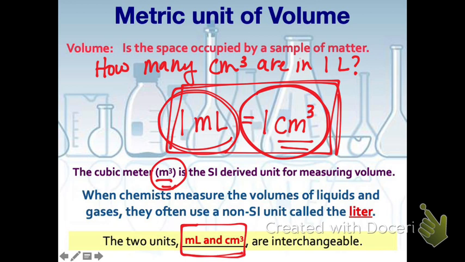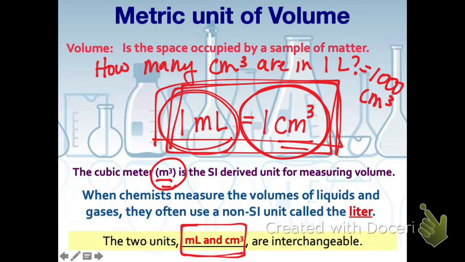Go back and look at your prefixes for milli. 1,000, right? And so if milliliters and cubic centimeters are equal to one another, there must be 1,000 of those in 1 liter. Those two units mean the same thing, so if there's 1,000 milliliters in a liter, there must also be 1,000 cubic centimeters in that liter as well. Okay?